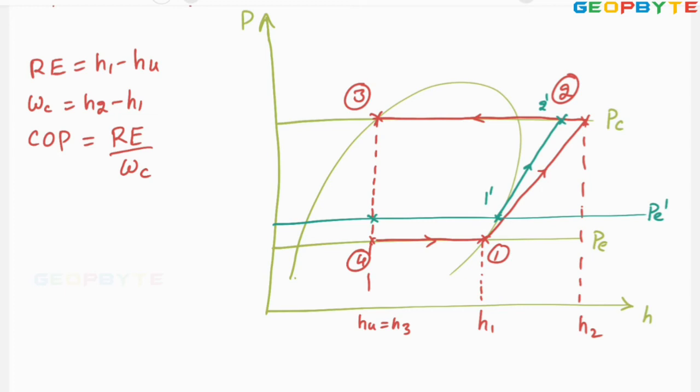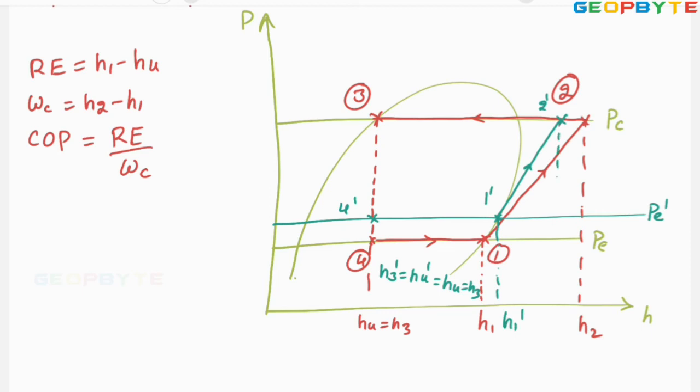This is the 4 dash. Of course, here H3 dash and H4 dash are identical to H4 equal to H3, but this is the H1 dash.